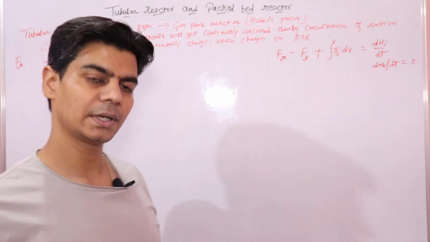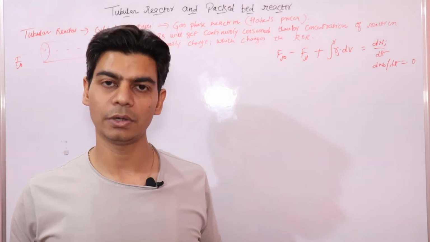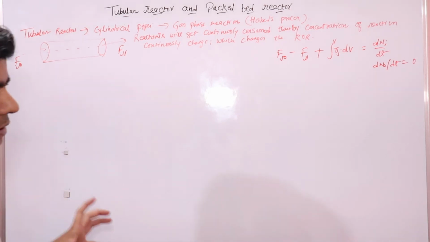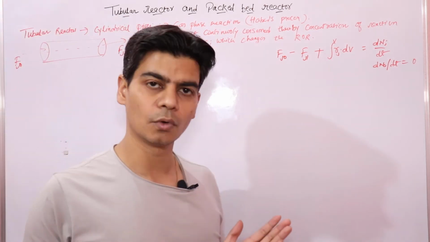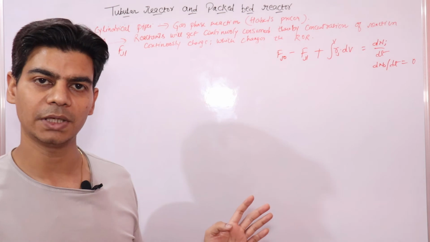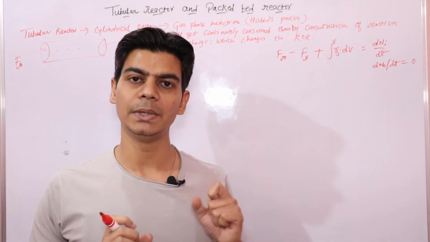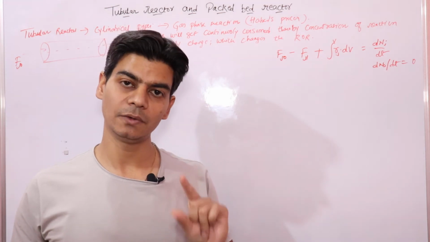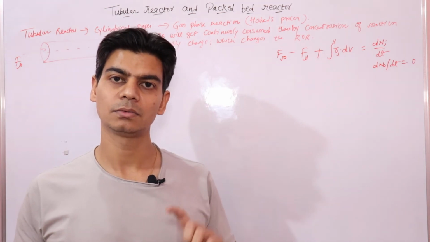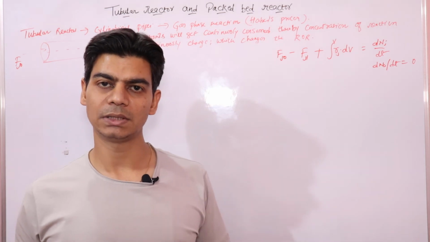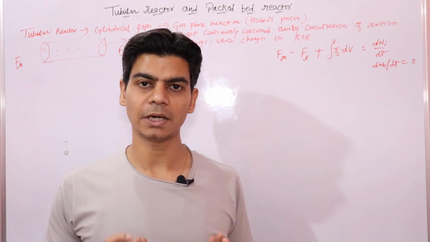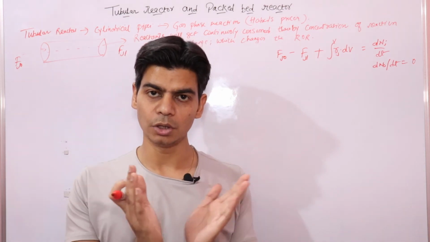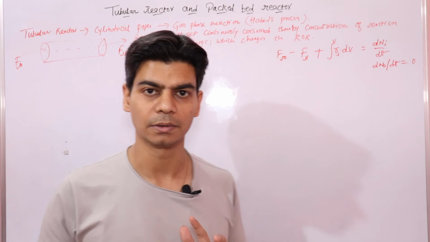So in order to find the rate of reaction at any particular volume, we will consider a small volume. Like in the instantaneous rate of reaction, we used to consider small time dt during which the rate of reaction will remain constant. In this case, we will consider a small volume delta V, in which the rate of reaction will remain constant.